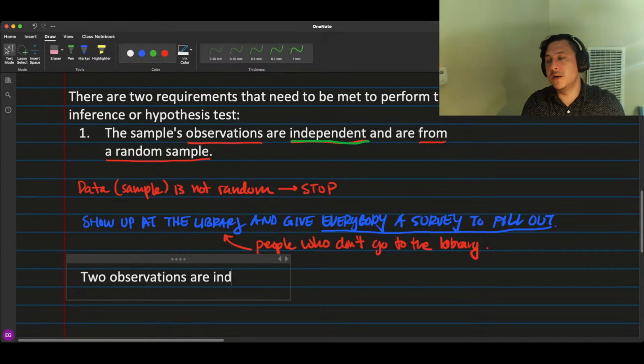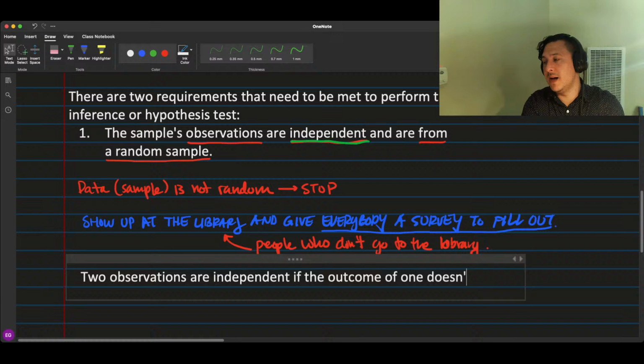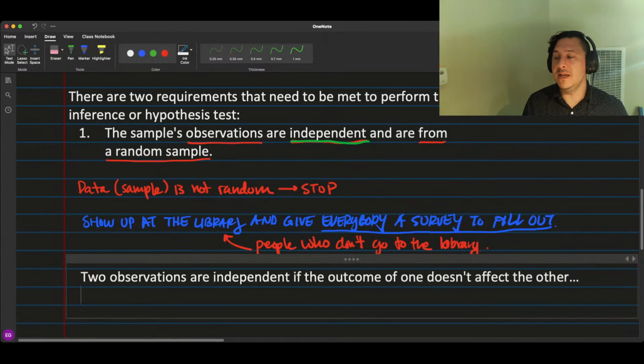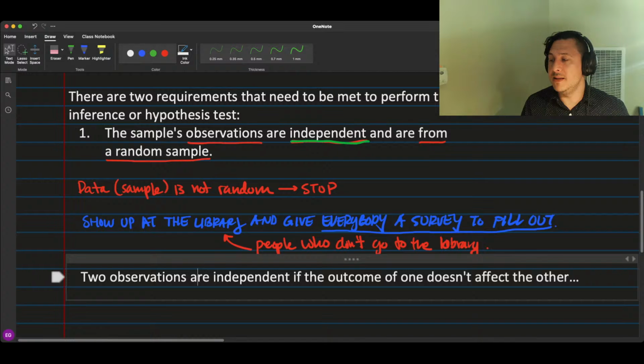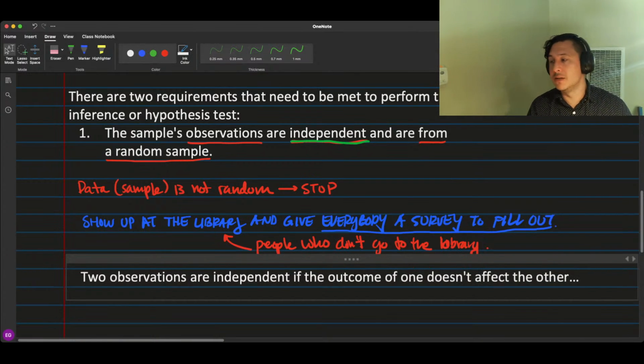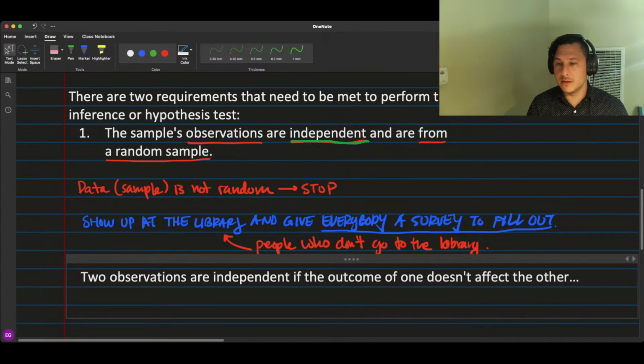Two observations are independent if the outcome of one does not affect the other. Yes. But not just that they can happen without each other, even more generally, the outcome of one of the observations doesn't affect the outcome of some other observation.